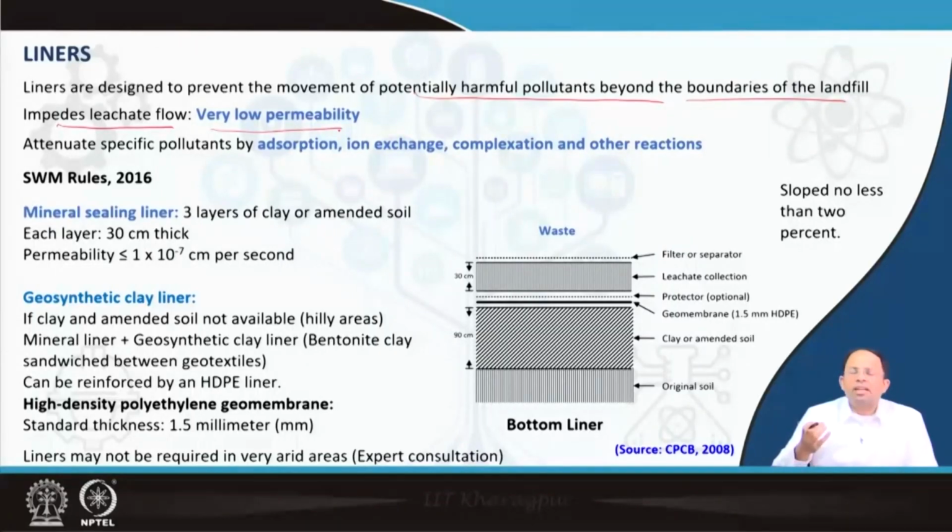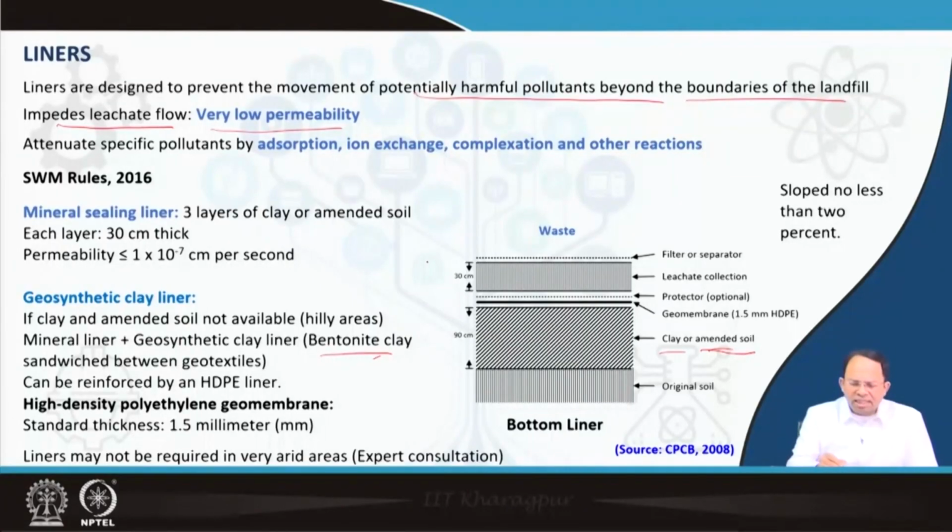When the native soil doesn't have that much impermeability, we should have something extra to make it more impermeable. For example, we can mix some cementitious materials to make it more solid so that we reduce its permeability. So we can use clay or we can use amended soil. Amended soil is soil mixed with some amount of cementitious material like bentonite clay and so on, right?